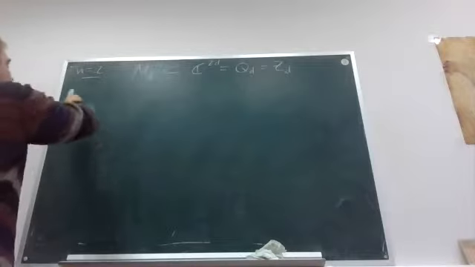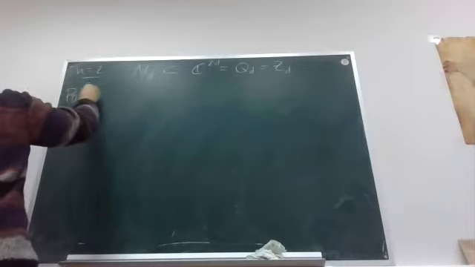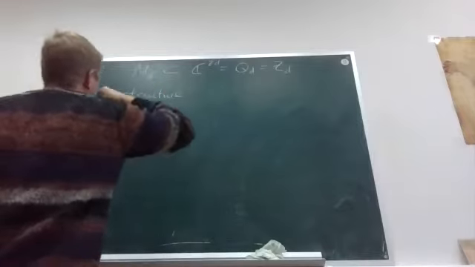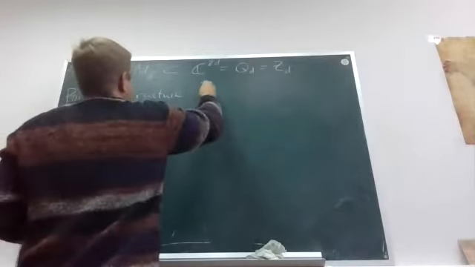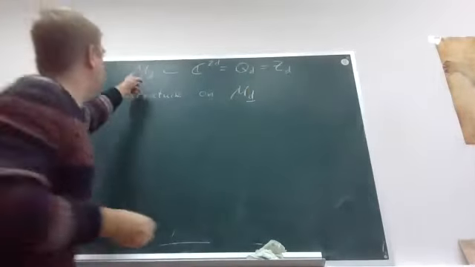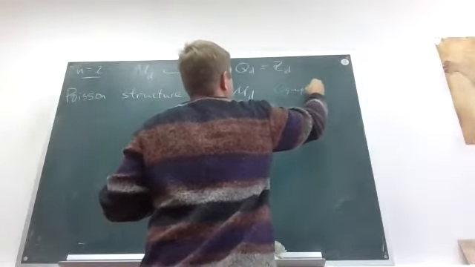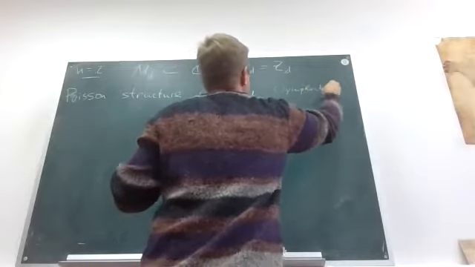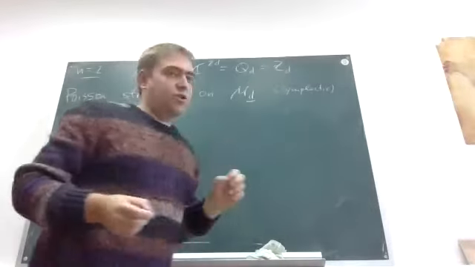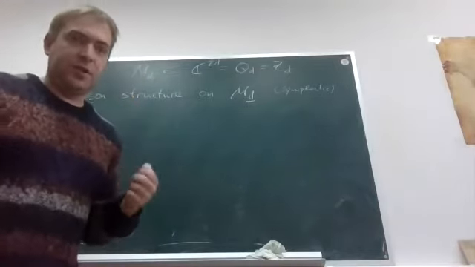Now, let me describe a Poisson structure on MD, which is in fact symplectic on MD. It's non-degenerate, but it will extend to these closures as a Poisson structure, not as a symplectic structure. It will have zeros at some point.